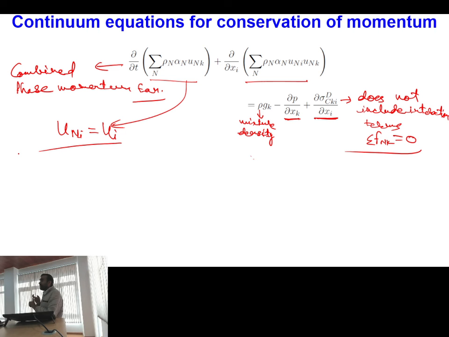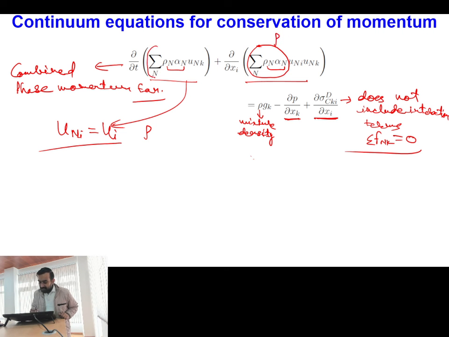Okay, but the only difference we will have is that the summation of rho n into alpha n will become rho, the mixture density. So this entire term will be simply replaced with rho. So if I replace this term with rho, a mixture density, it has become an equation identical to that of a single phase flow. All are clear with this idea?